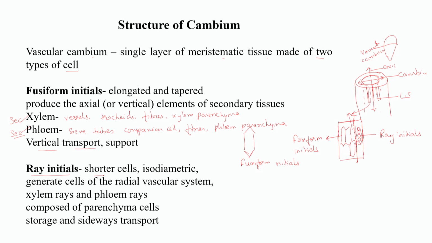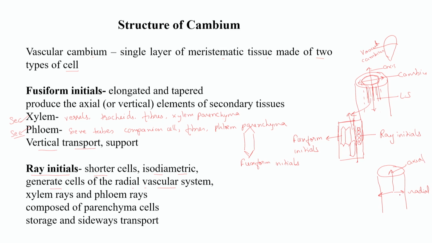They are shorter cells, generally isodiametric, meaning their diameter is almost similar from all sides, and they will generate cells of the radial vascular system. Earlier I told you that there are two transportation systems, one along the axis and one radial. So this is the radial transport and this is the axial transport.